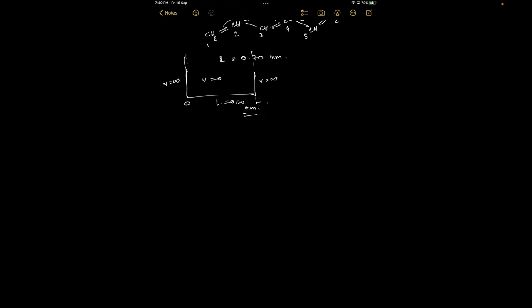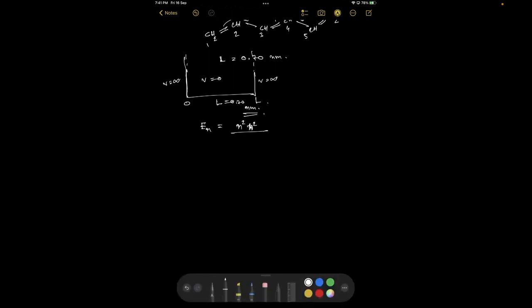Now if you solve the Schrodinger equation corresponding to the particle in a box problem, you will get the eigenvalue expression En equal to n square h square divided by 8m L square, right?